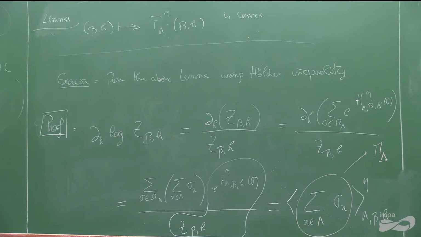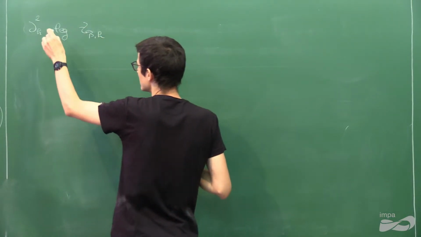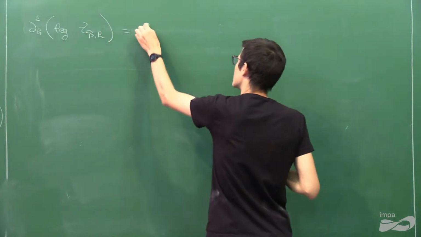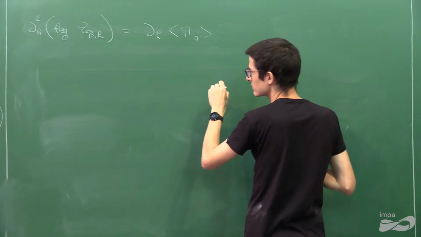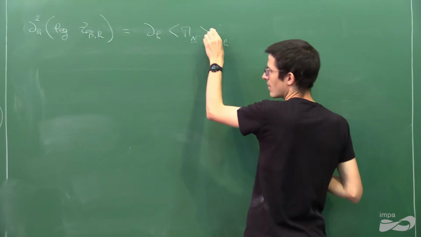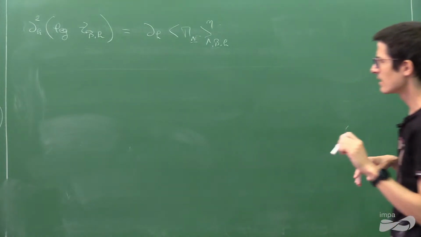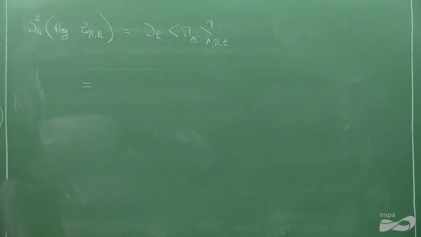So if you take again the derivative with respect to h, what you get is that this is equal to this. Okay, this is the quotient.